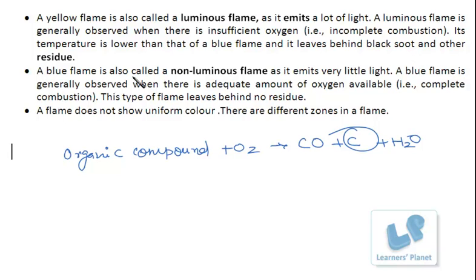A blue flame is also called non-luminous flame. Why? Because it is emitting very little light. A blue flame is generally observed when there is an adequate, ample amount of oxygen available. You can just see the gas burner. When that flame is blue, it means there is complete combustion of gas taking place over there.